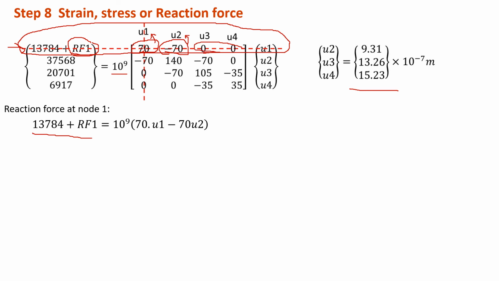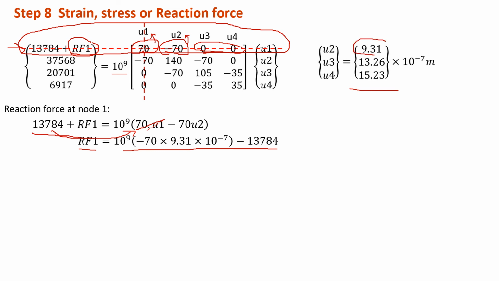Since we know that U1 is 0, this term can be eliminated. Only this one is left, and you bring the constant value to the right side so that we can solve RF1 using the U2 that we have obtained. Then you can solve for the reaction force at node 1.